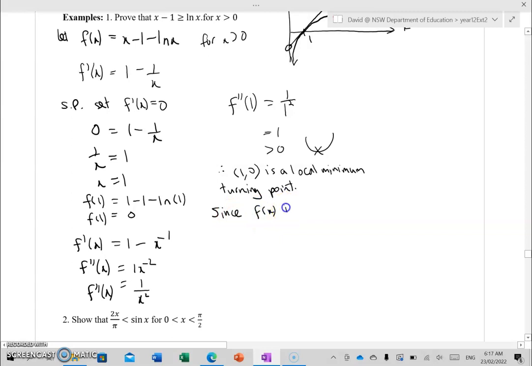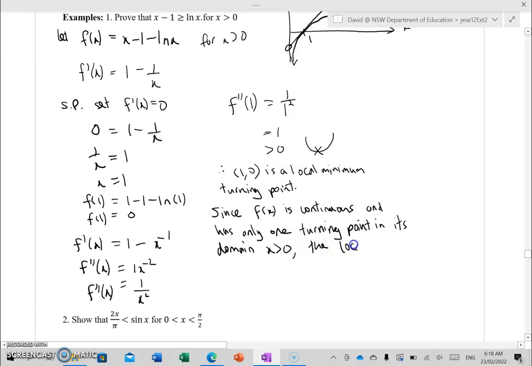So since f of x is continuous and has only one turning point in its domain, and I might just quote the domain, x greater than 0, the local minimum is the global minimum. So therefore we know that there's a global minimum at the point (1, 0).